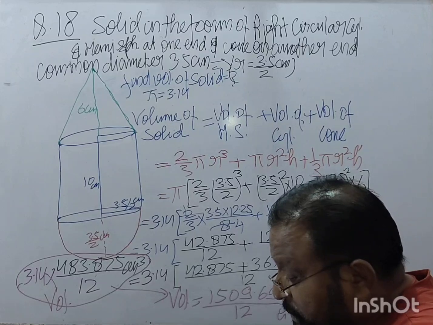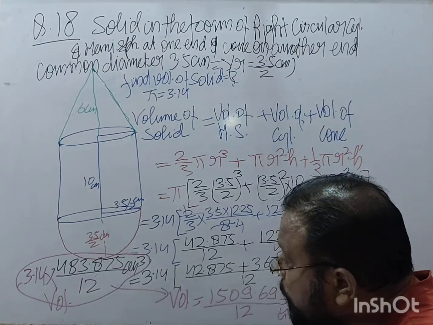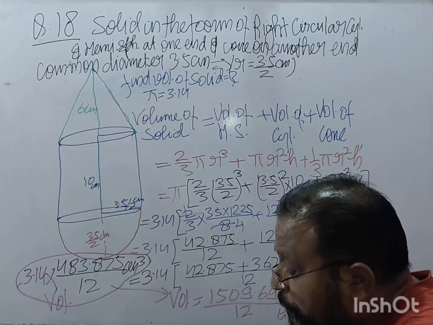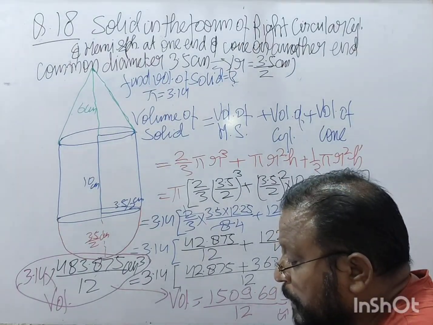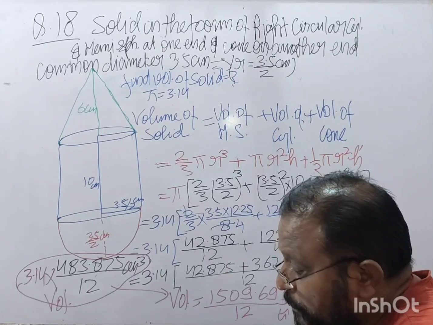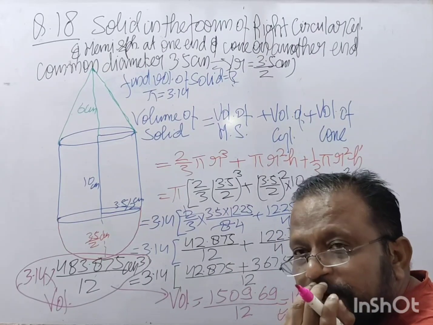Otherwise, that is 483.88 into 3.14, right, divided by 12. 126.61.